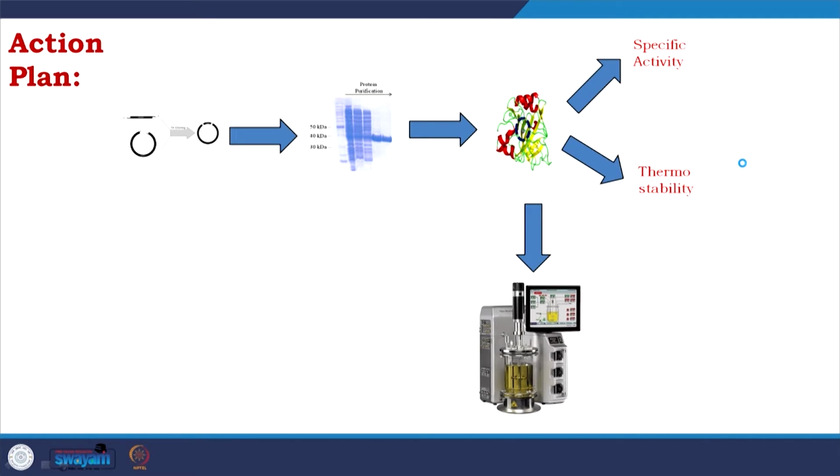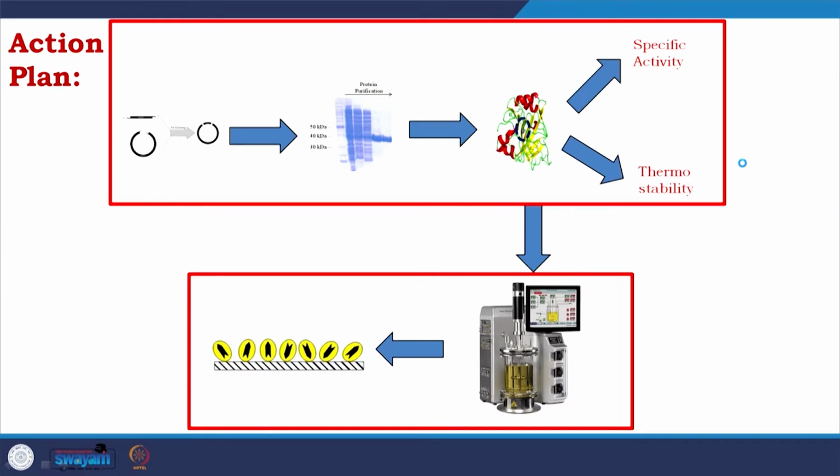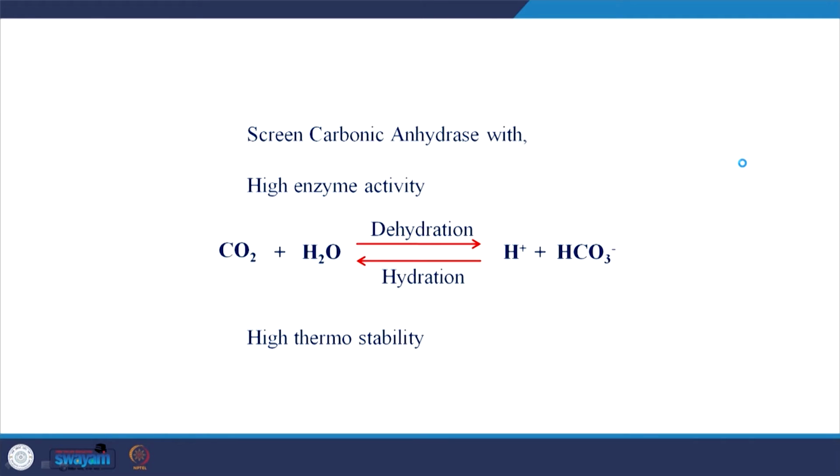Then when we get a good one, we could use a biochemical engineering approach to scale it up and make the enzyme in high amount and then immobilize it in the device and use that as a scrubber or absorber on the exit side from where the flue gas is coming out. So, clearly there are 2 phases, one is protein biochemistry, second one is biochemical engineering approach.